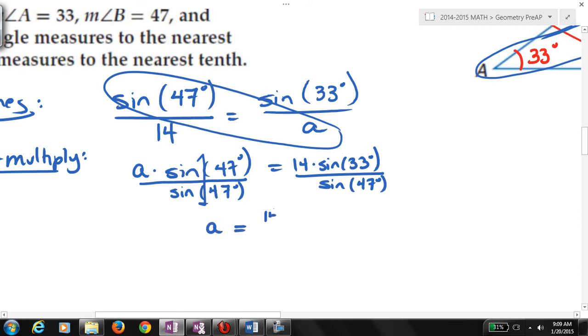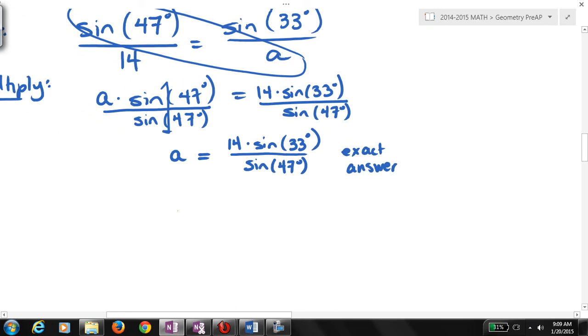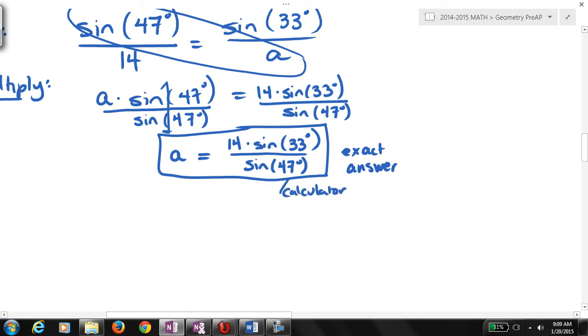Now here's the thing. The exact answer is 14 times sine of 33 degrees divided by sine of 47 degrees. I'm going to put that this is the exact answer, and let's box that in because that is my answer. What you want to do afterwards is use your calculator and enter this to give the approximation.